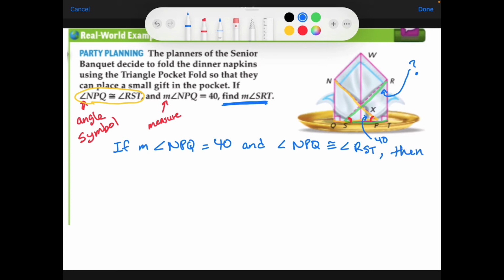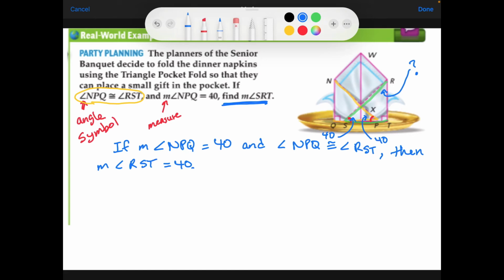Then we can say that the measure of RST is also going to be 40, right? Because they are congruent. So that means I can say that this angle right here is also going to be 40.